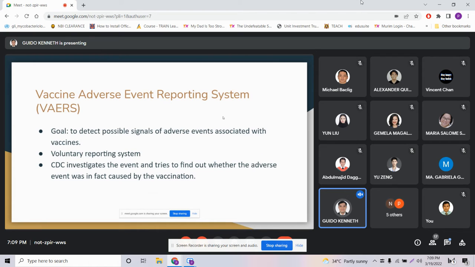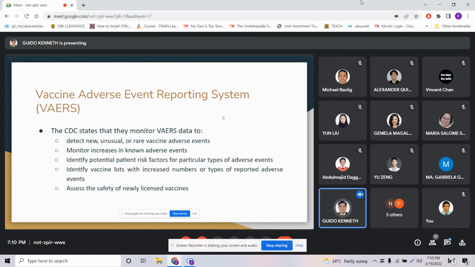Another monitoring system is the Vaccine Adverse Event Reporting System, a voluntary reporting system whose goal is to detect possible signals of adverse events. These adverse events will be investigated by the CDC, which tries to find out whether the adverse event was caused by the vaccine.